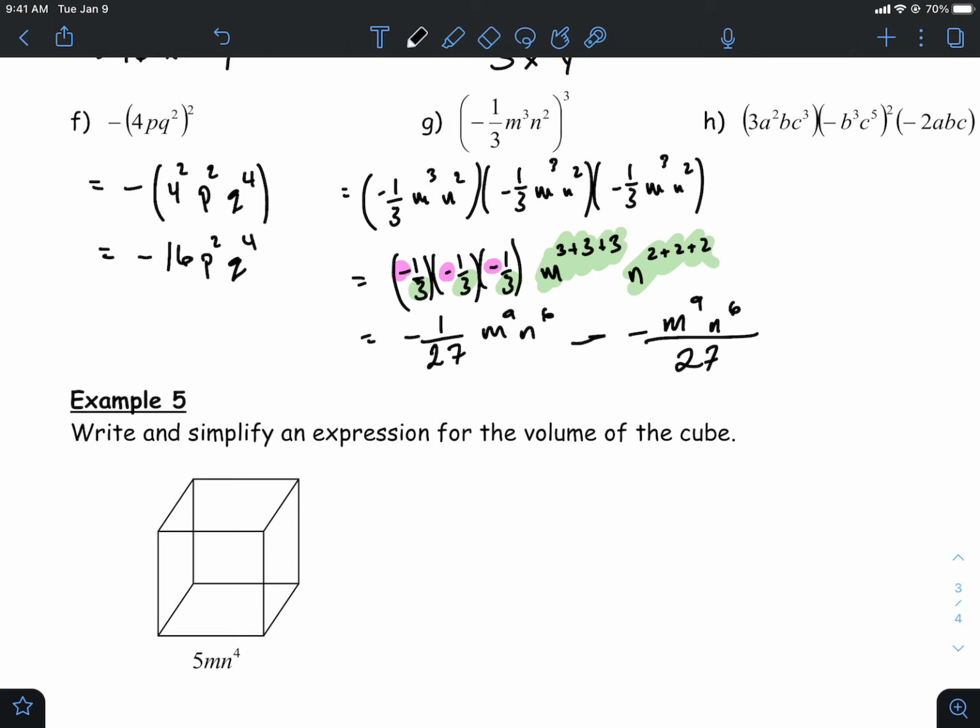Be careful. Now, a very common thing, what I was saying when I was in first year physics, they'd put that answer, like this would be A, B might be M9, N6 over 27, and then C might be something else.